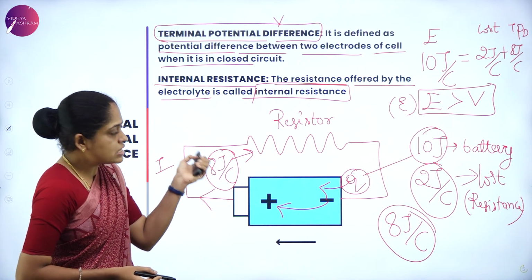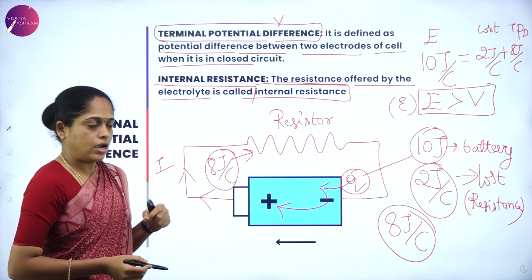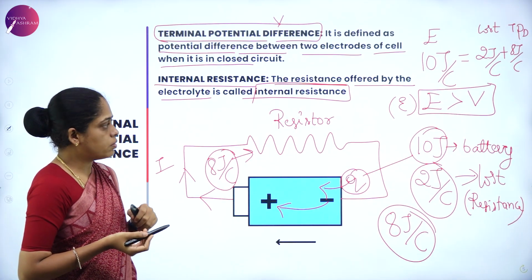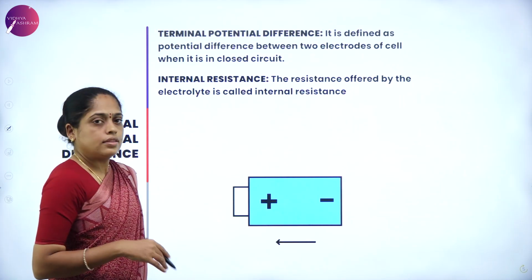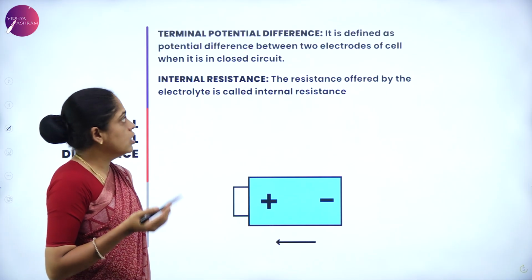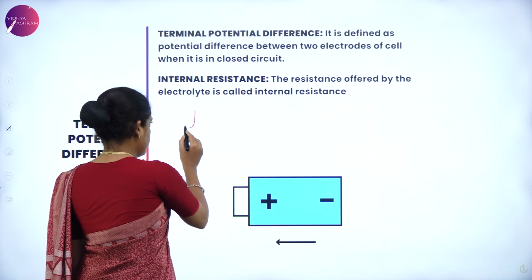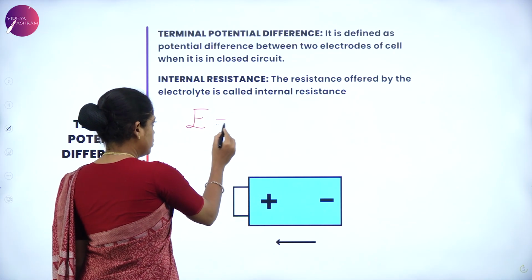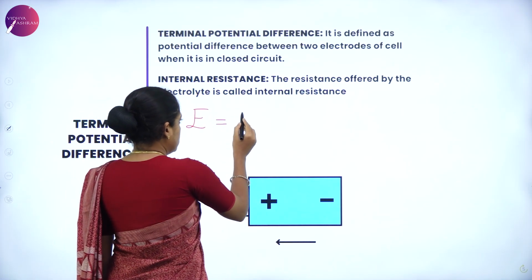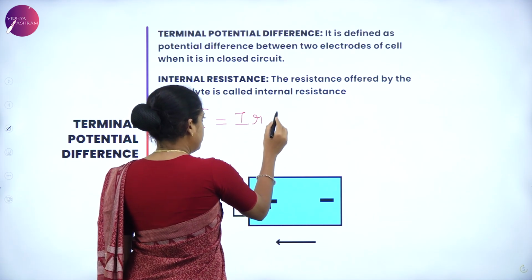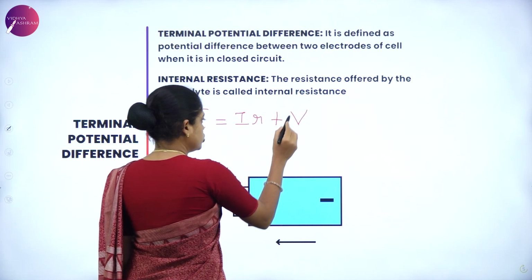Now, from this example, we can give the relation between the EMF and the terminal potential difference. EMF is equal to 2 joules plus 8 joules, that is Ir plus terminal potential difference.